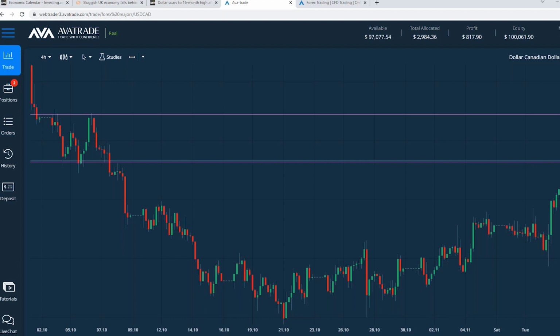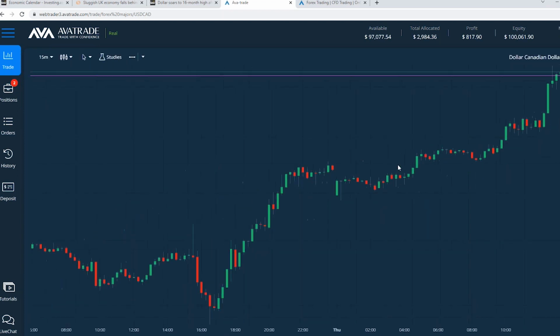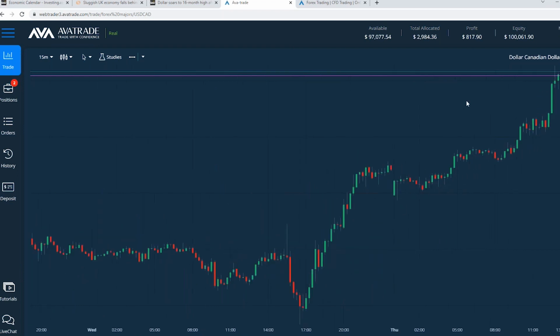If it breaks that far clear of this resistance, then you say, okay, it's off and running maybe to the next level. So if we come back in then, say 15-minute candles, then we see this line we drew. This was the resistance, and it's having trouble staying above it. You see the wick here, back down.